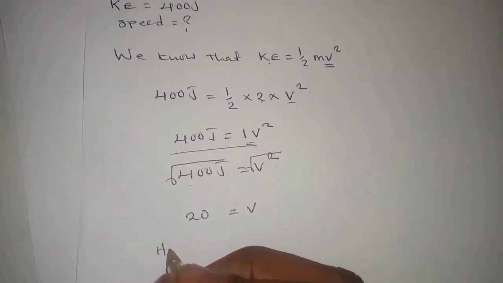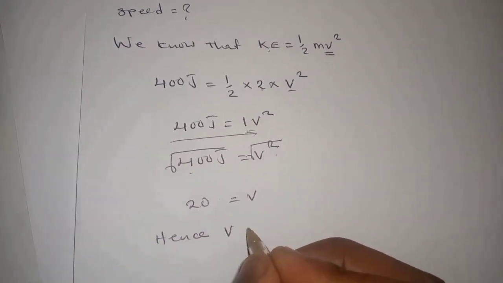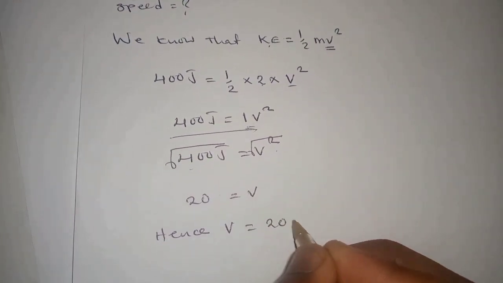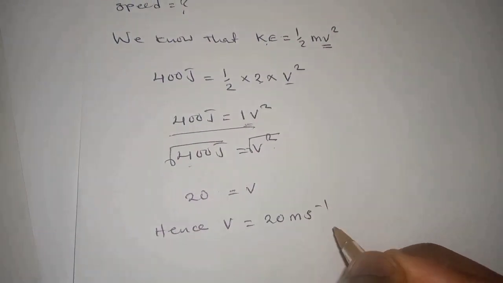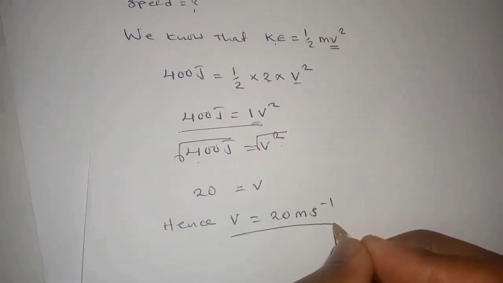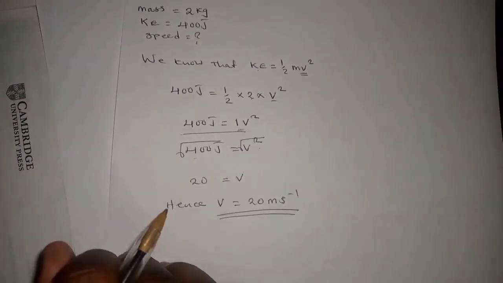Hence we can say v, which is the speed we're looking for, will be equal to 20 meters per second. We know that meters per second is the unit for speed. So this is our speed.